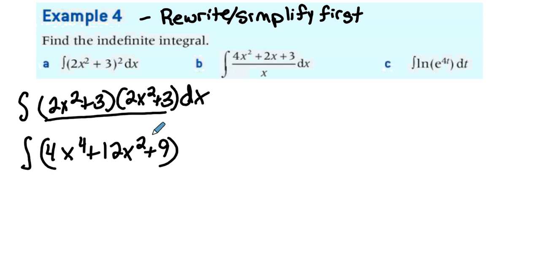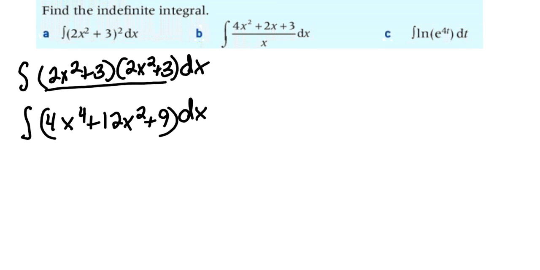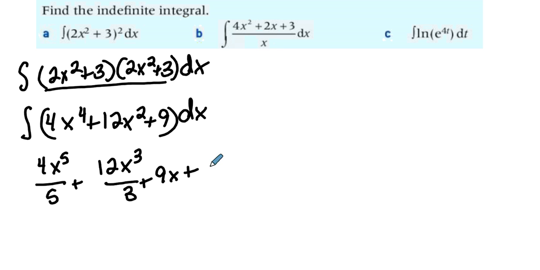So notation, put parentheses around it because we're taking the antiderivative of that whole thing. So when I do that, I get 4x to the 5th over 5 plus 12x to the 3rd over 3 plus 9x plus c, which is just 4/5 x to the 5th plus 4x cubed plus 9x plus c.